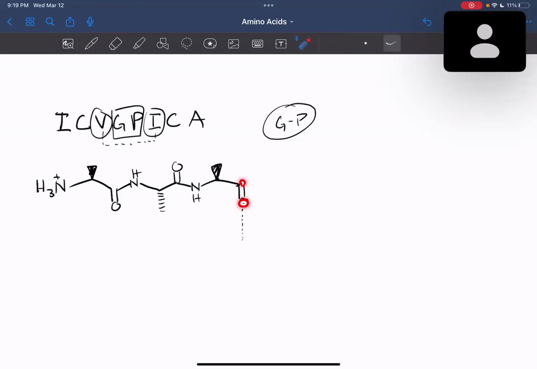So 1, 2, and this is just memorized. As you can see, just nicely. Okay.